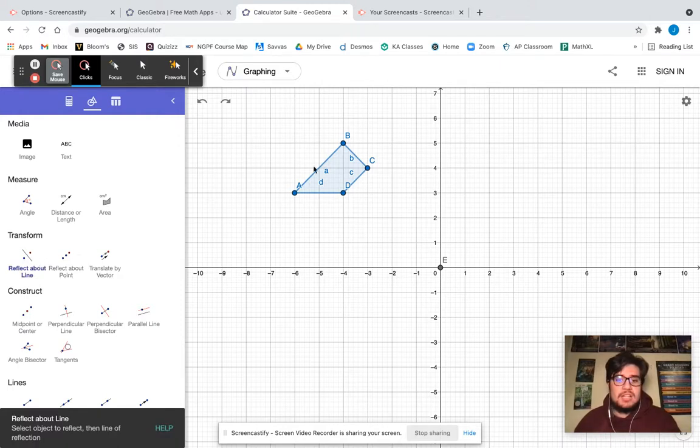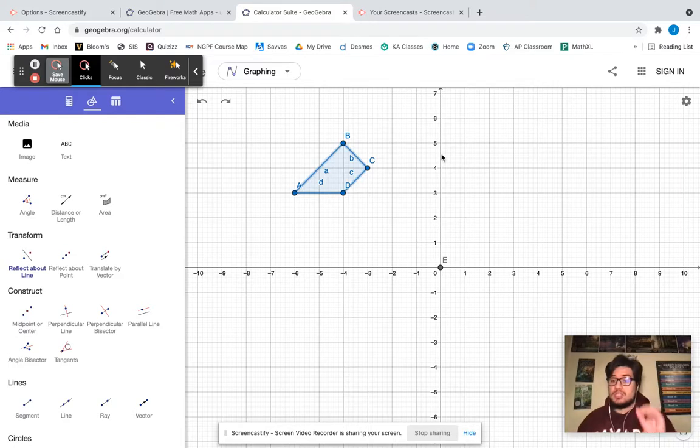So let's click here on our shape. And I'm going to reflect across the Y axis, which means I'm going to look at that Y axis as the halfway point, right? Or almost like a fence that I'm jumping. Remember, we also mentioned that when we reflect, we're jumping over the fence. What fence are we jumping over? The Y axis.